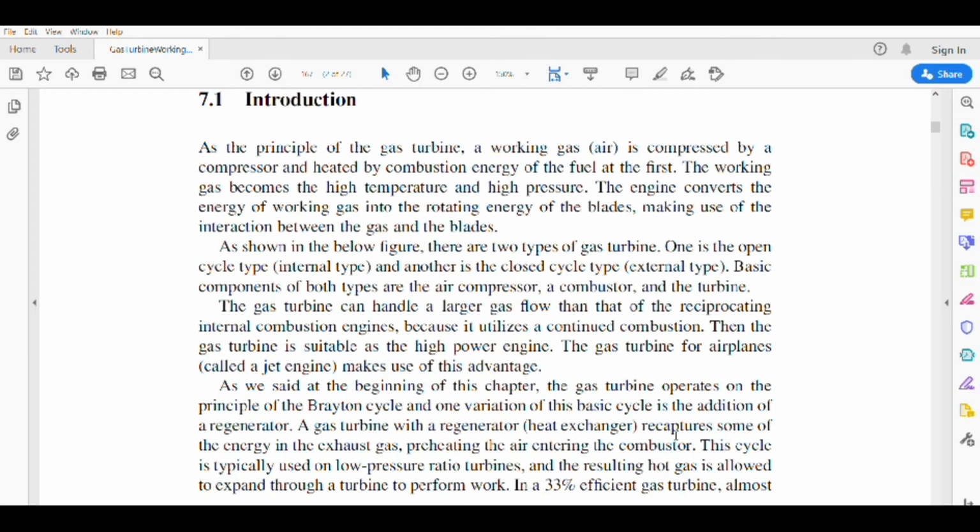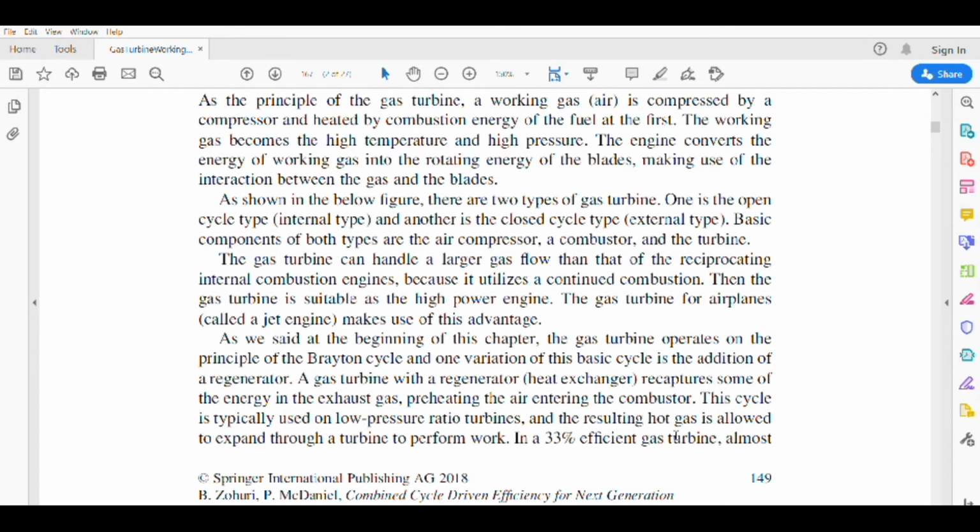As the principle of the gas turbine, a working gas is compressed by the compressor and heated by the combustion energy of the fuel. At first, the working gas becomes high pressure, high temperature. The engine converts the energy of the working gas into the rotary motion of the blade, making use of the interaction between the gas and the blade.